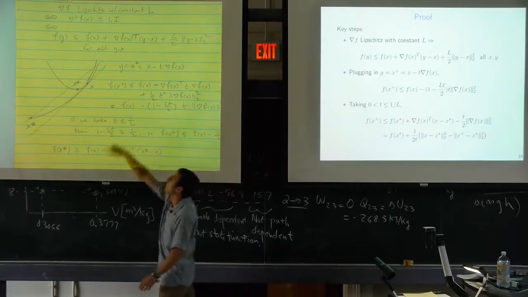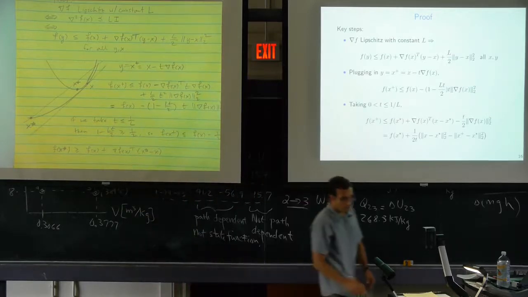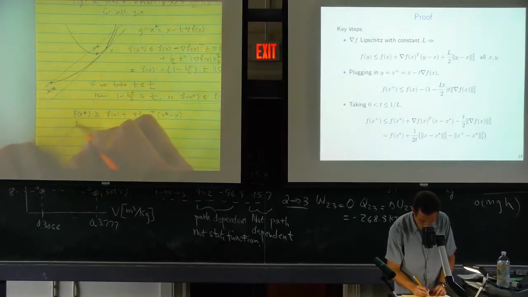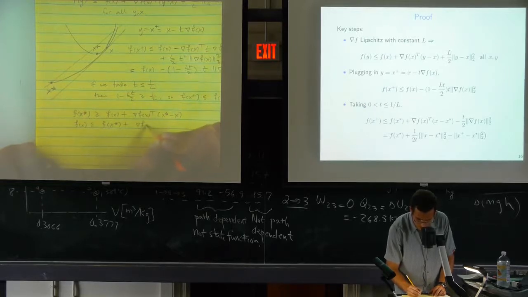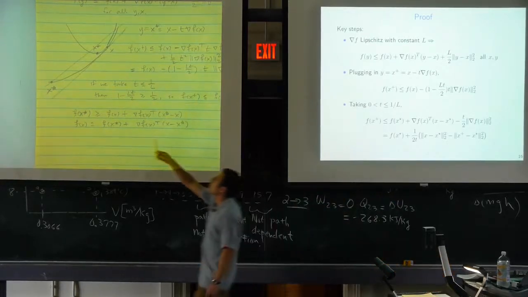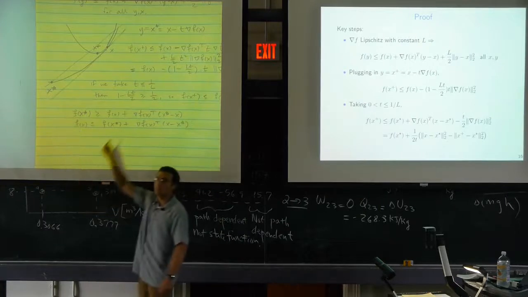That's saying that this tangent line lies below the function. And we can rearrange that to give f of x is less than or equal to f of x star plus the gradient of f of x transpose x minus x star. That's just saying exactly that if we made it pass through x star, then it's going to lie above the function.